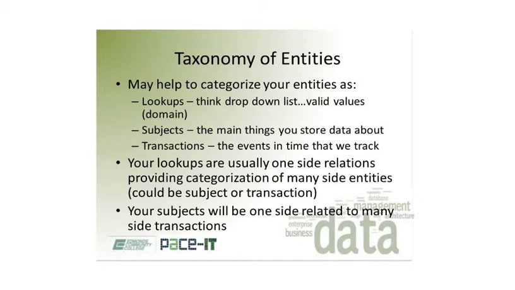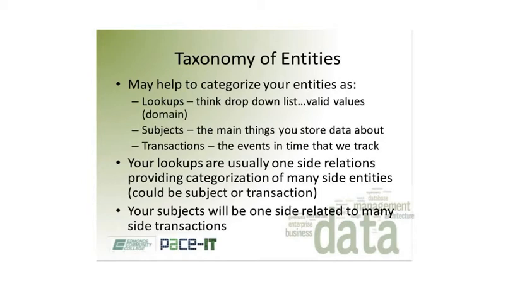A subject, I like to think of these as the main things we store data about: customer, employee, product. Transactions then would be the things that occur in time that we track. We'll find that as we go through this, lookups are usually one-side relations, being related to many-side subjects or many-side events. But they provide categorization for those. You might have a product type.